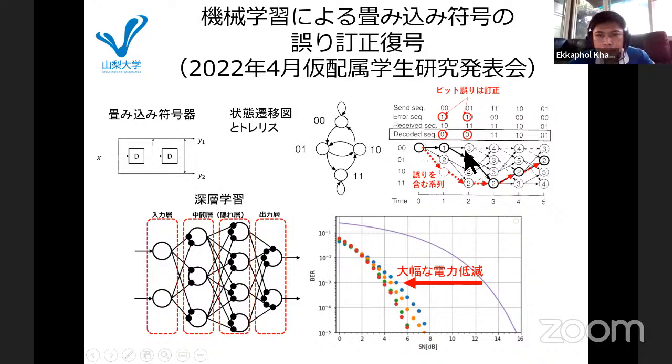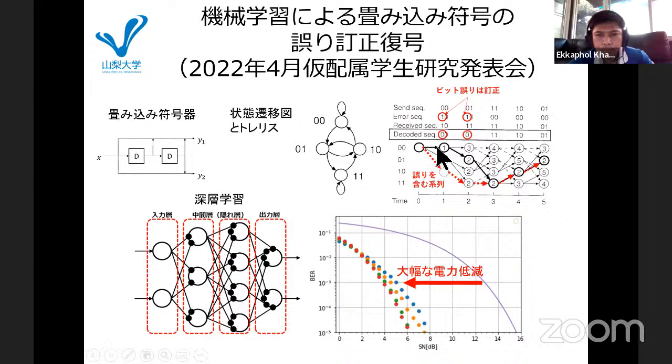And the next figure is the so-called trellis. Do you know trellis? It's the state transition diagram expanded in time. So this is time 0, but it starts from 00, so it's only one state. But at time 1, the next state would be 00 again, or 01.